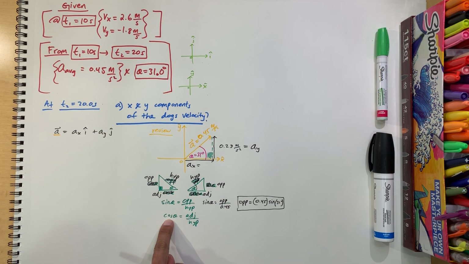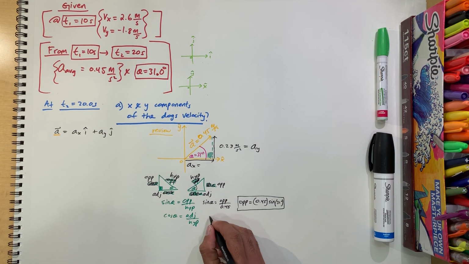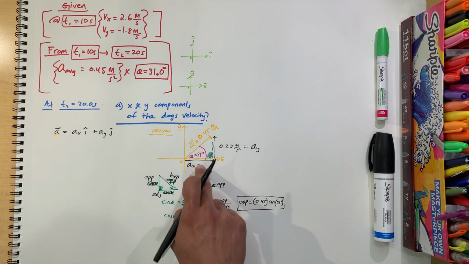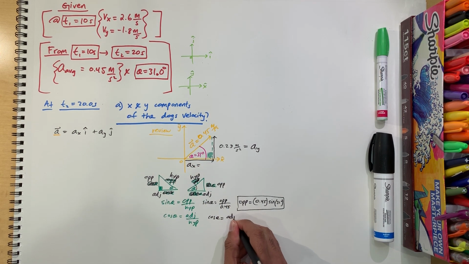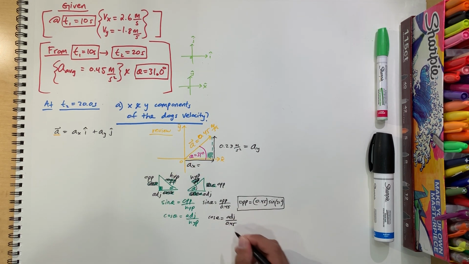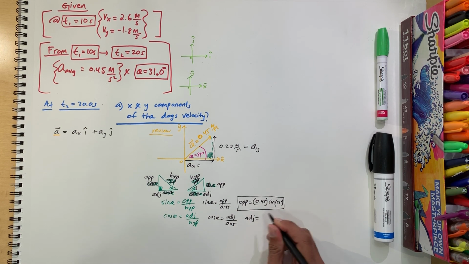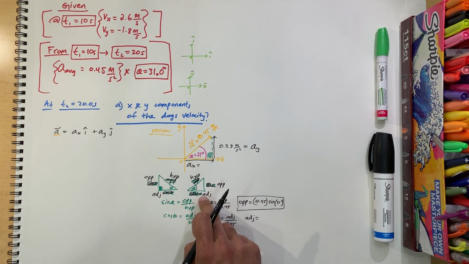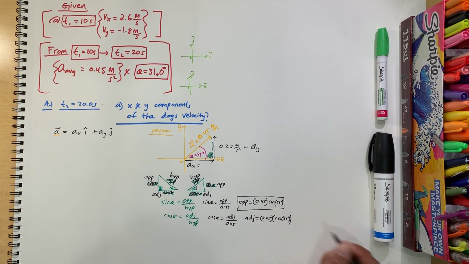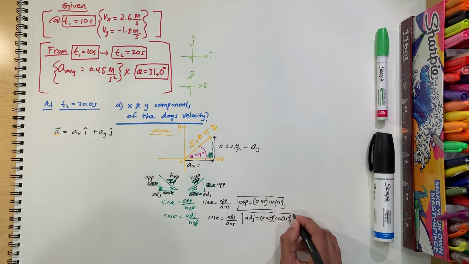So when we look at cosine, cosine is equal to adjacent, which is the side we want, so we just leave it, over hypotenuse, and hypotenuse we know. So again, we move that over, and we just solve for adjacent, which is the side that we're interested in. And we got 0.45 times cosine of 31 degrees. And so now we got the adjacent side.